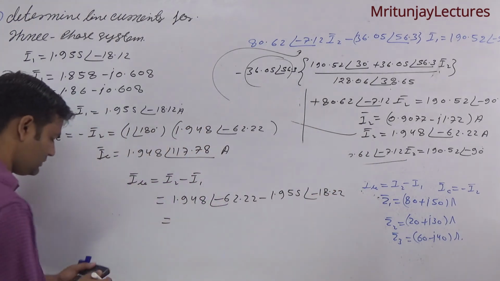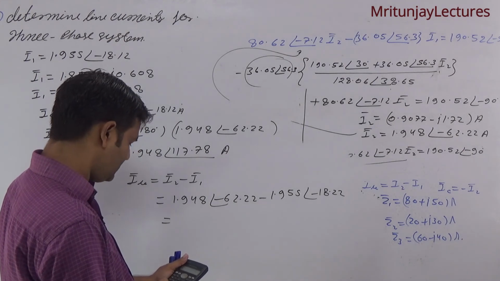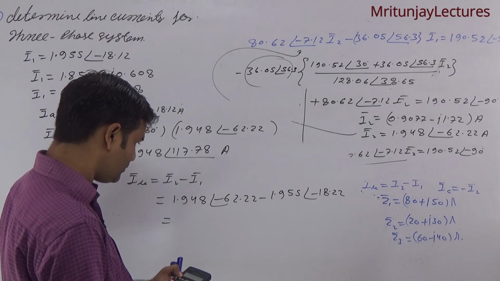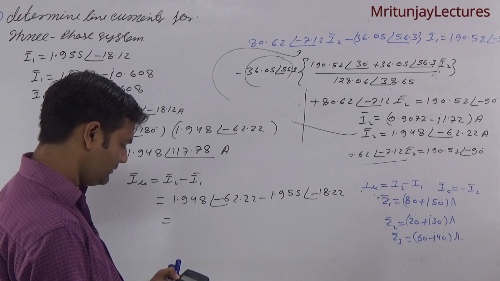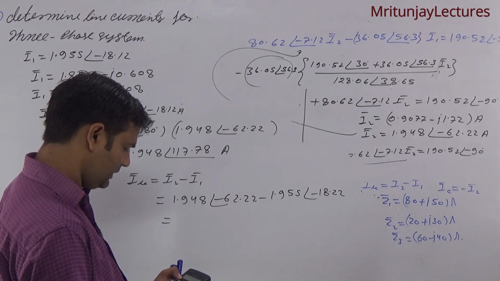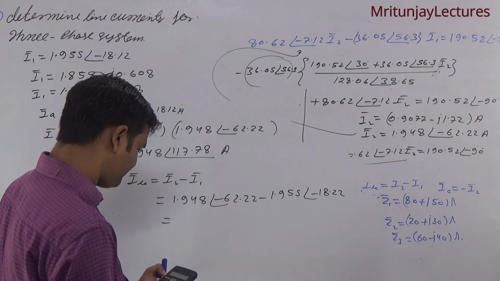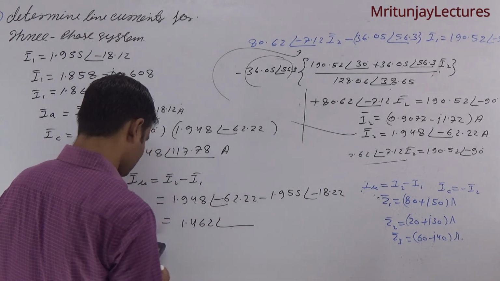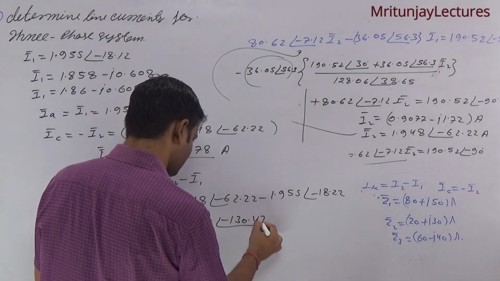So finally we got the answer, that is 1.948 at the angle minus 62.22 minus 1.955 at the angle minus 18.22, that is 1.462 at the angle minus 130.47.